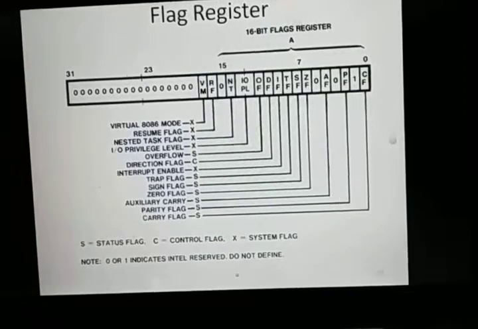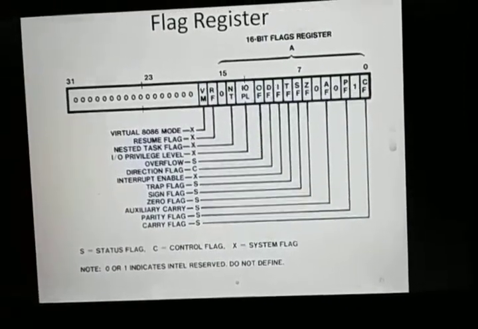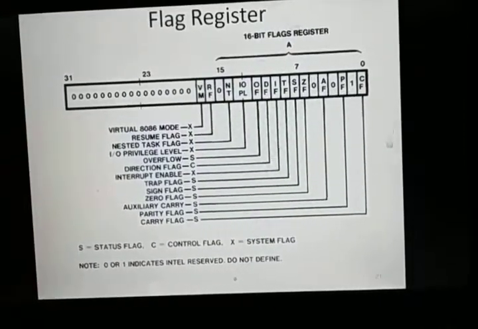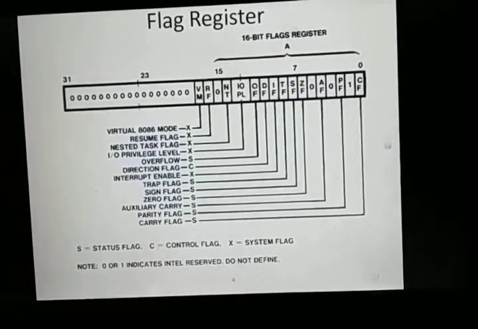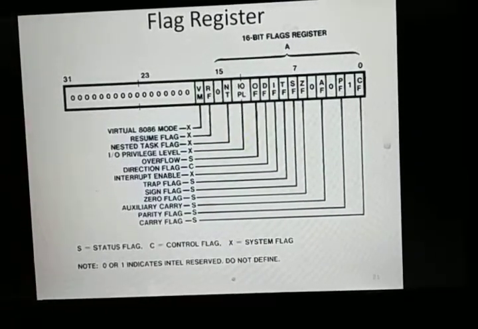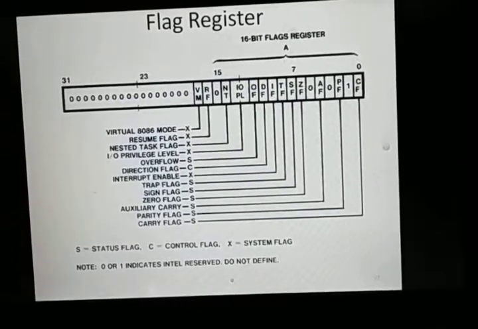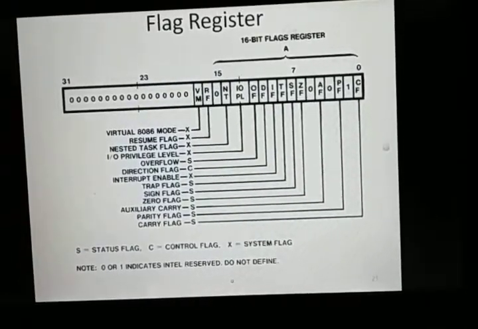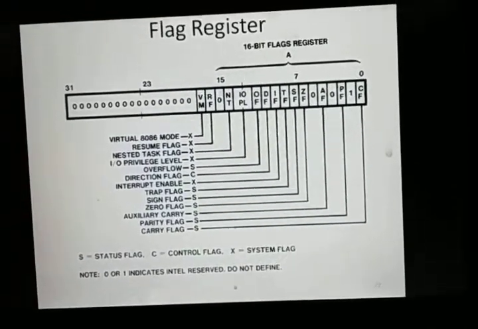Then overflow flag bit. Overflow flag bit is set to 1 whenever you are not able to save the result value in the register.